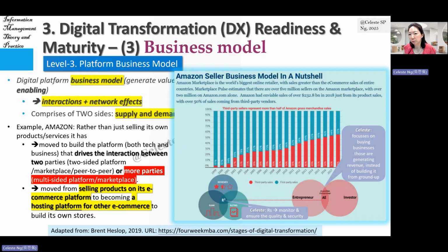Okay, this is the idea of a digital platform, whereby we will have a two-sided party involved, which transforms our original e-commerce platform into a digital platform, whereby it will allow not only Amazon customers to transact with Amazon, it also allows third-party retailers to be part of the supply side to serve Amazon customers, right?